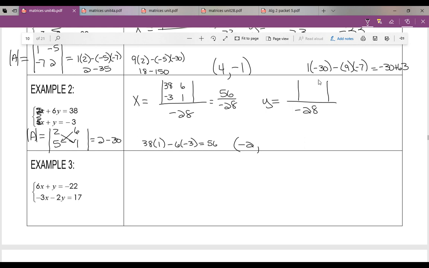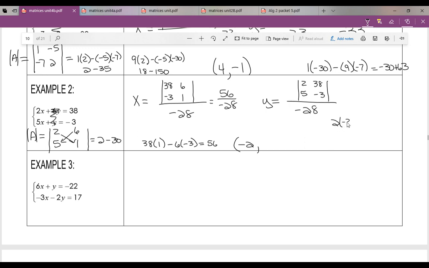How would I set up the numerator for the y coordinate? Can I actually use the 6 and the 1 for y? Yep, 2 and 5, and then replace those y numbers with the 38 and the negative 3.